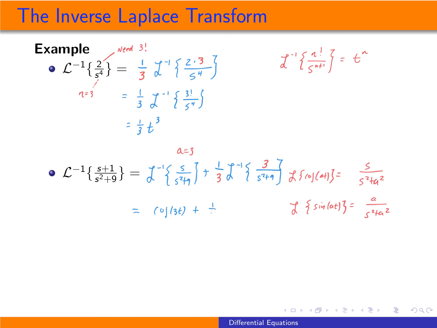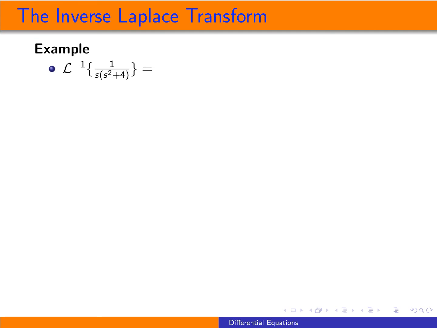So this would be plus 1/3 sine of 3t. And if we are thinking of seeing this as the last step of solving an initial value problem, we could certainly expect to frequently encounter quantities such as these as solutions of a constant coefficient differential equation.